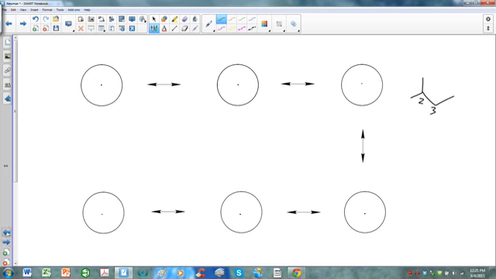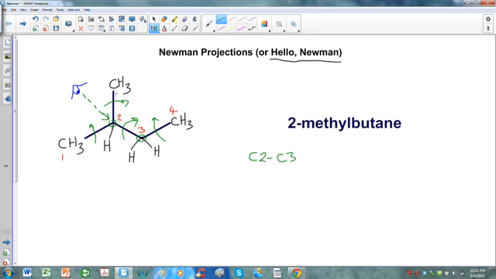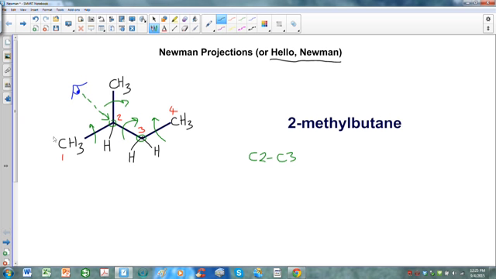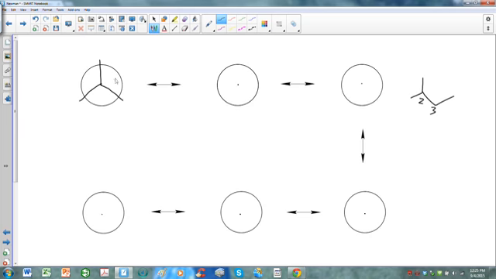Now remember we said that coming off carbon 2 we have a methyl and a hydrogen. And the way we usually show this in a Newman projection is we draw out 3 sets of bonds looking like this. And then on carbon 3 there are also 3 groups coming off, a hydrogen and a methyl, so we show the bonds coming off the back carbon like this.